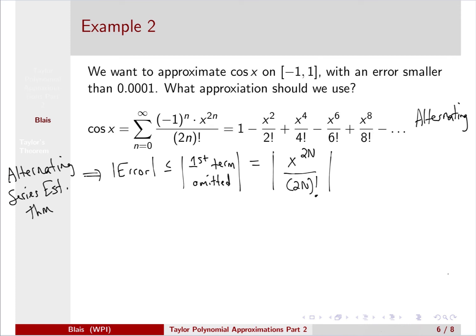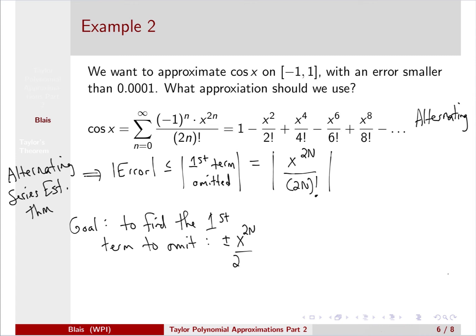And our goal is to find the first term to omit, which again will be either plus or minus x to the 2n over 2n factorial.